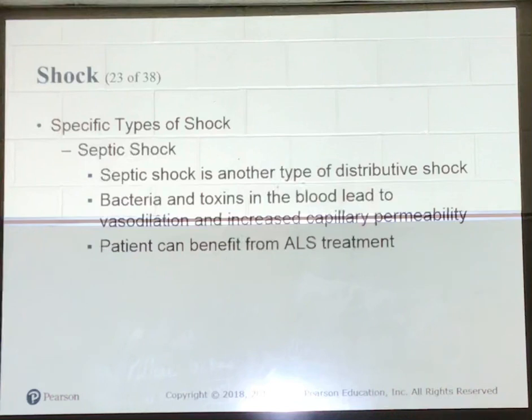All right, the pump's not working as well as it should. Then you have damage to the alveolar capillary membrane, allowing fluid to accumulate in the alveoli, which makes it harder for what? What happens in the alveoli? Gas exchange. Okay?